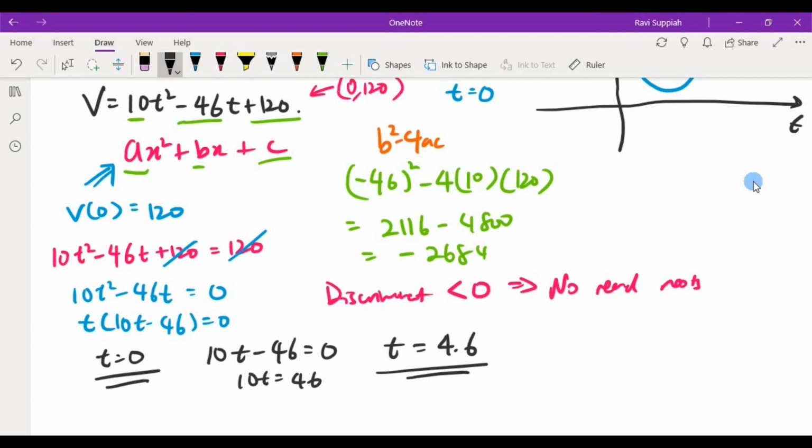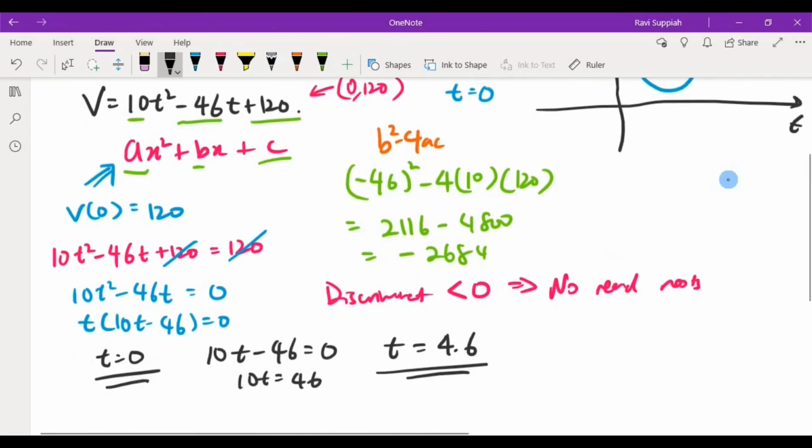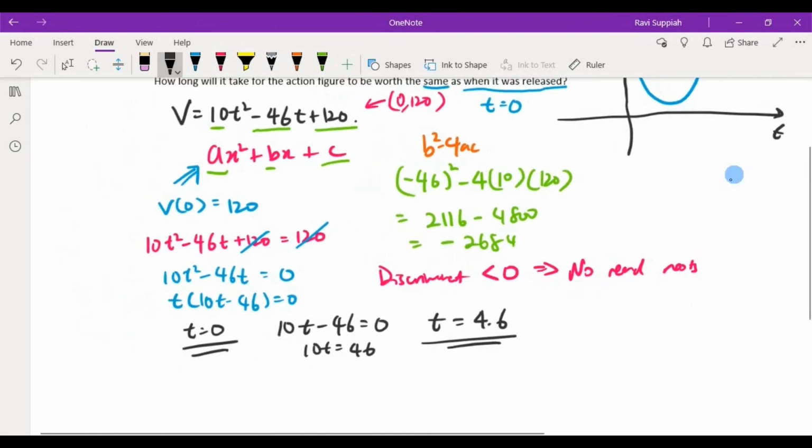So the two instances where the value of the item is $120 are at time t equals 0 and when time t equals 4.6 years. This is the answer over here. At time t equals 4.6, the value is the same as when it was released.